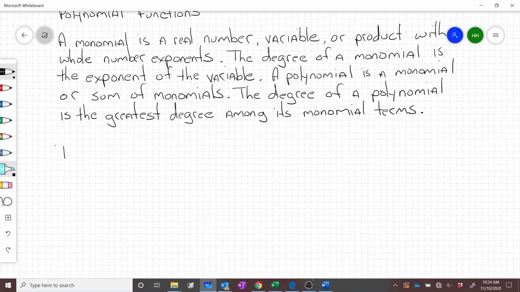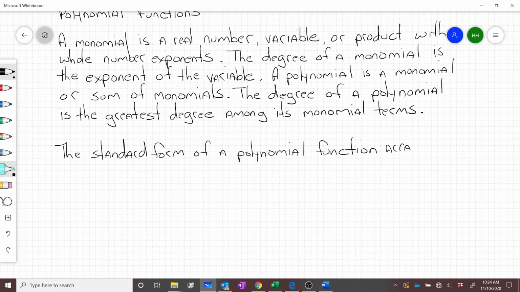Standard form of a polynomial function arranges the terms by exponent in descending order.